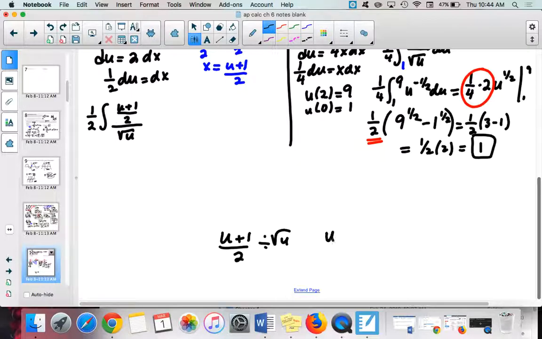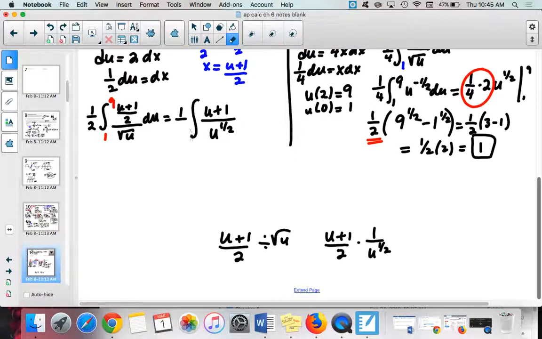Do you know that that would be u plus 1 over 2 times 1 over the square root of u? We're going to use that. We're going from 1 to 9, so we're going to have 1/2 the integral of u plus 1 over 2 times u to the 1/2, and I'm going to make this 2 out front, 4. You with me still?